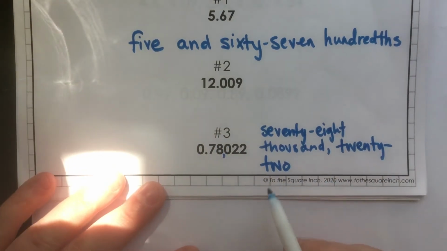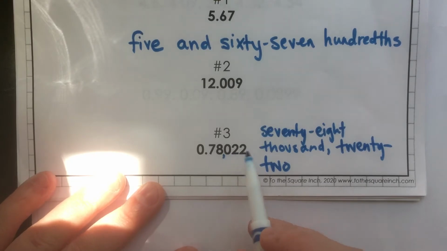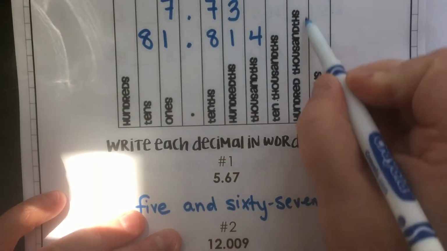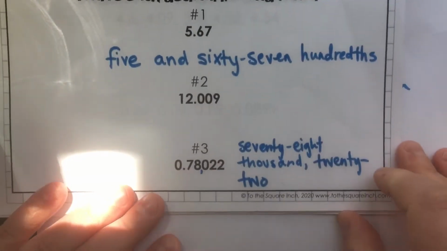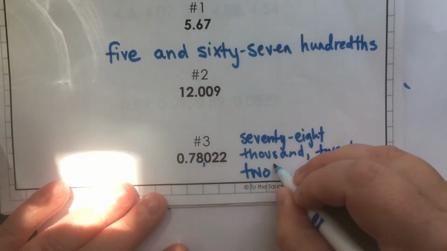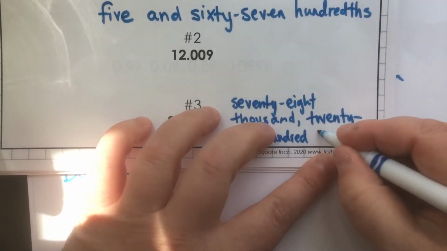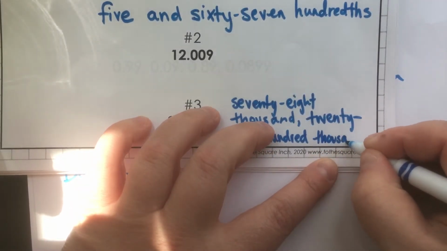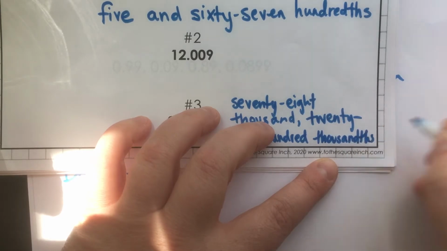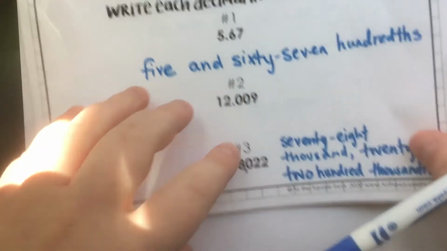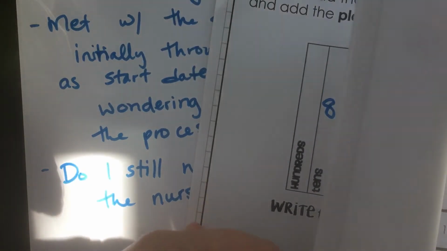And then what's the place value of the 1, 2, 3, 4, 5th number after the decimal? 1, 2, 3, 4, 5, the hundred-thousandths. Okay, so go ahead, make sure you have number 2 on your own, and then let's flip the page.